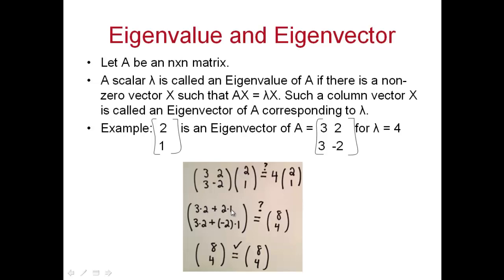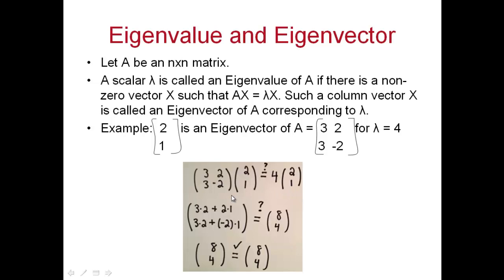What is this? 6 plus 2, which is 8, then 6 minus 2, which is 4, so 8, 4. Now here you have 4 times 2 is 8, 4 times 1 is 4, so 8, 4. So this equality is indeed true. So we can say this 4 is the eigenvalue and the corresponding column vector 2, 1 is the eigenvector.